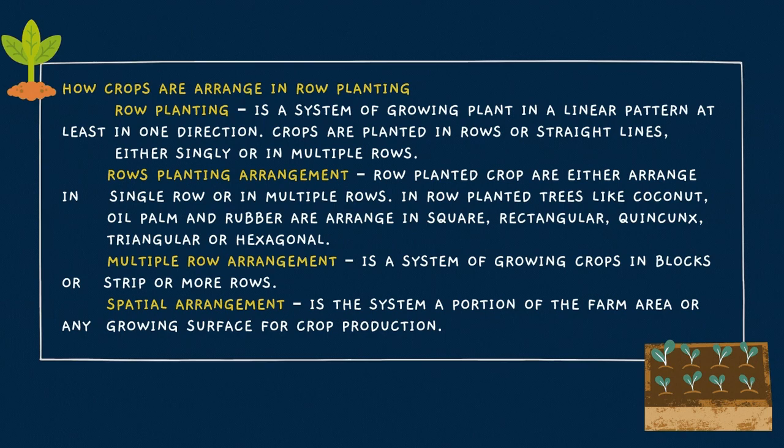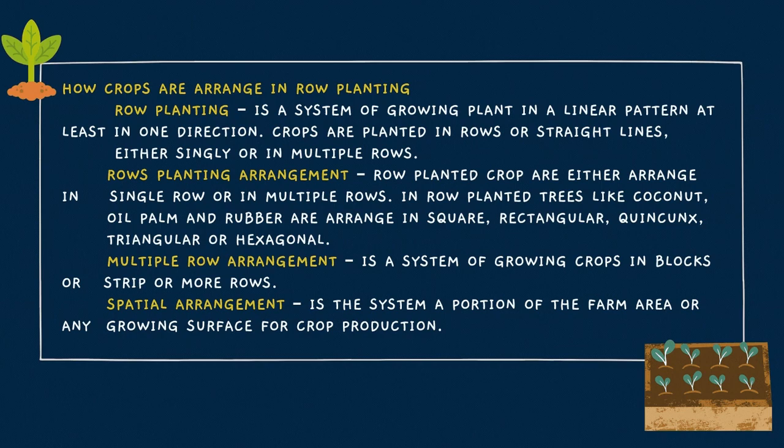Row planted crop are either arranged in single row or in multiple rows. In row planted trees like coconut, oil palm, and rubber are arranged in square, rectangular, quincunx, triangular, or hexagonal. Multiple row arrangement is a system of growing crops in blocks or strip or more rows.